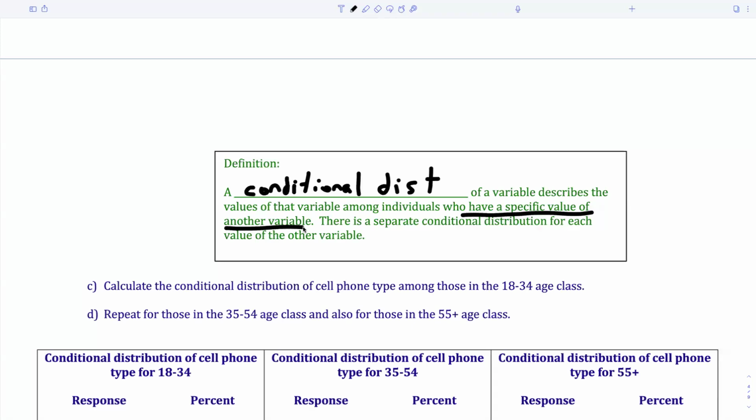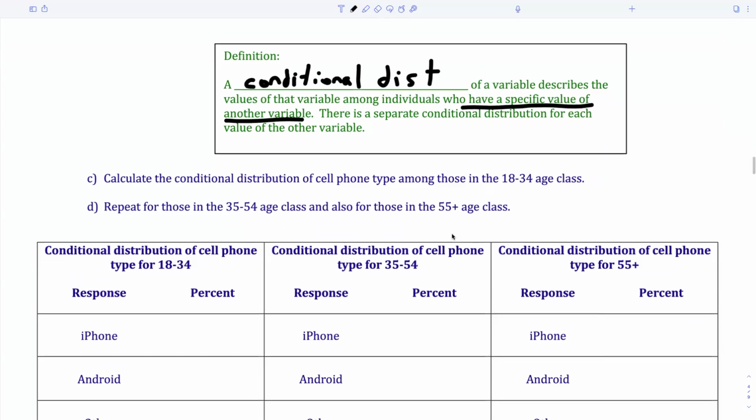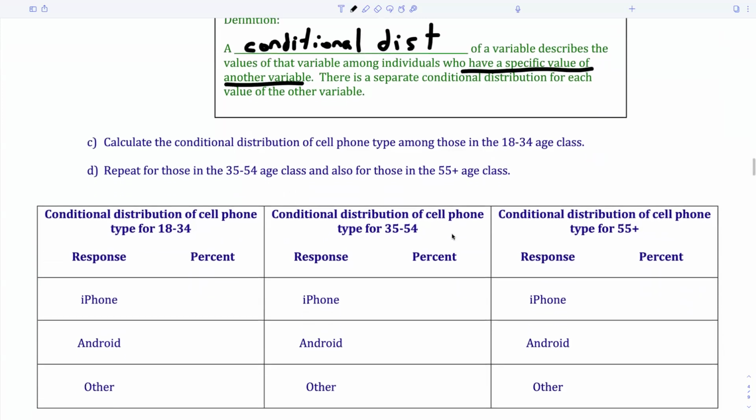Okay, so it says calculate the conditional distribution of cell phone types among those in the 18 to 34 age class. And repeat for those in the 35 to 54 age class, and also for those in the 55 plus age class. Okay, so conditional distribution of cell phone type for 18 to 34. All right, so turn back to the table there.